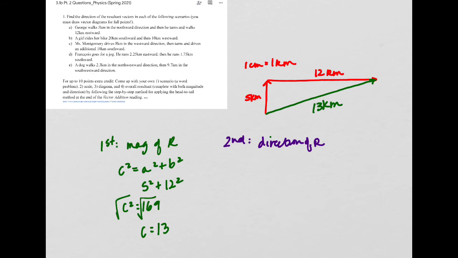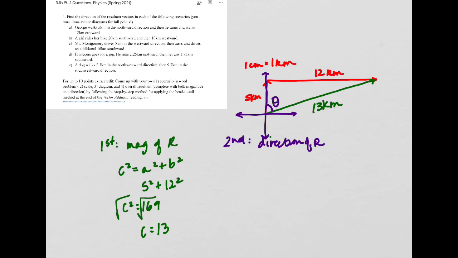Where is the angle that we're looking for? If I imagine this on an axis like this, the angle that I'm looking for is this one, theta.